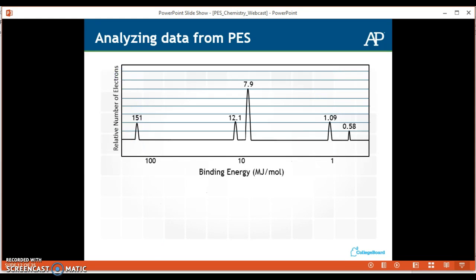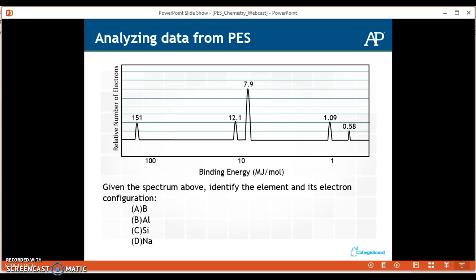Here's one more. Again, we're going to identify the element and its electron configuration from the PES data. We can see a peak at 151, which would be the 1s2, a peak at 12.1, which would be the 2s2, a peak at 7.9, which would be the 2p6, a peak at 1.09, which would be the 3s2, and then a peak at 0.58, which would be the 3p1.